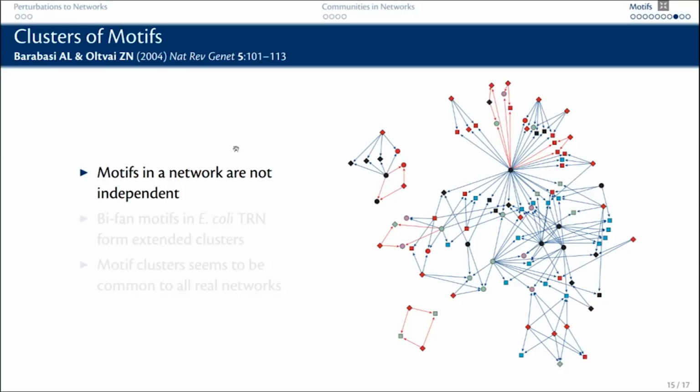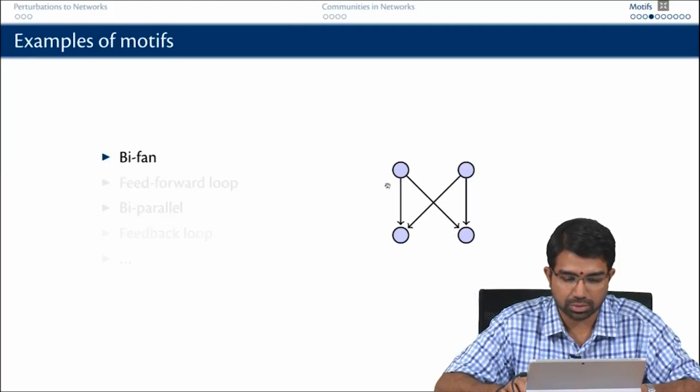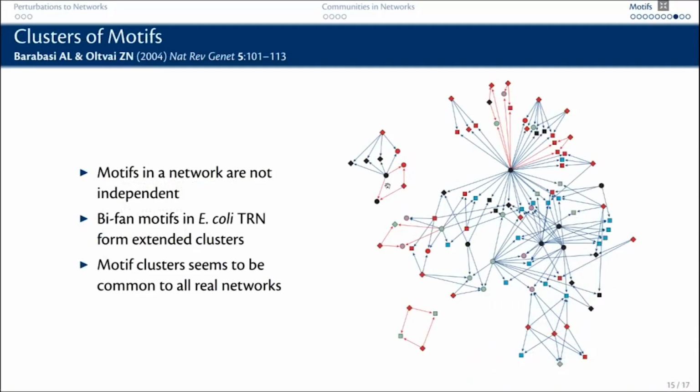As you were just mentioning, motifs form clusters themselves, right? So they find that bifan motifs in the E. coli transcription regulatory network form extended clusters. So many of these are bifans and they form extended clusters. To recap, a bifan looks like this. This is a bifan. And motif clusters seem to be common to all real networks.